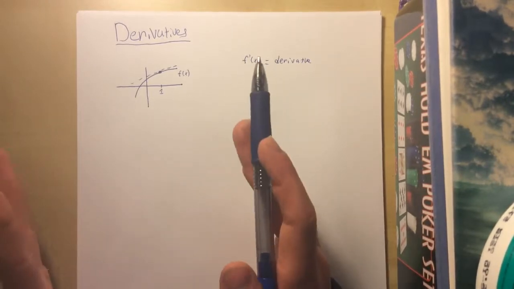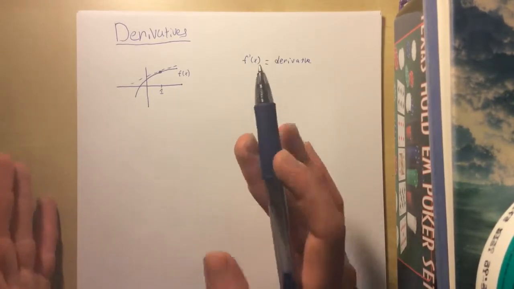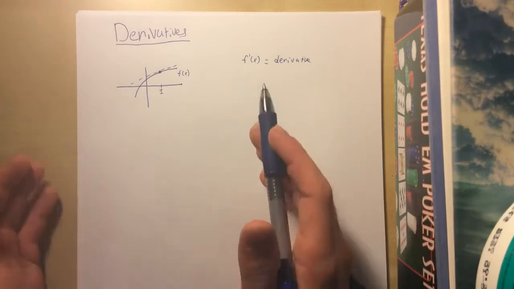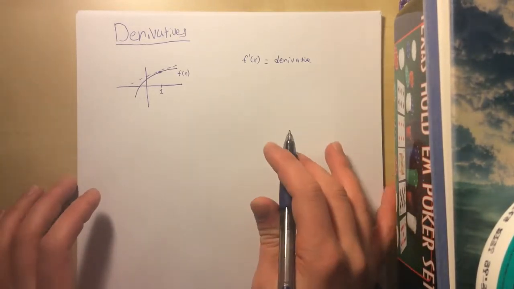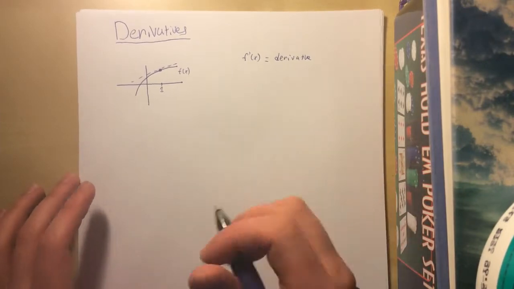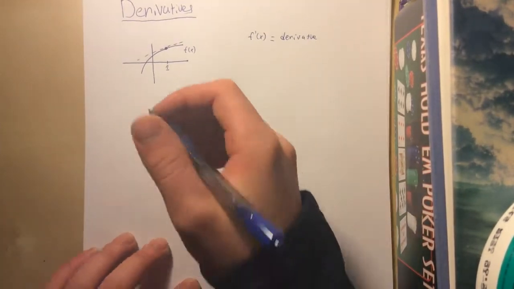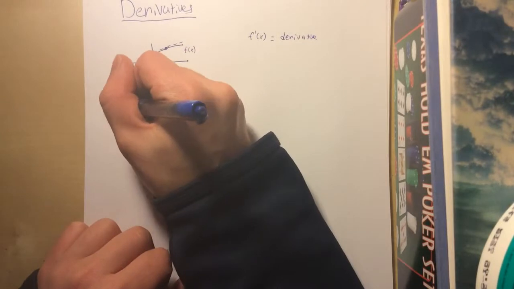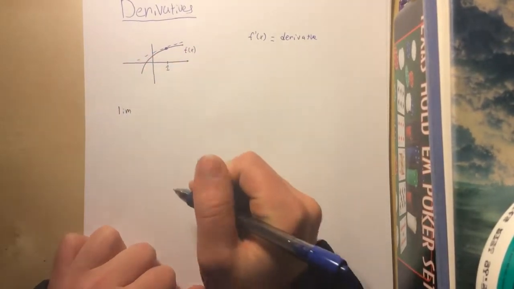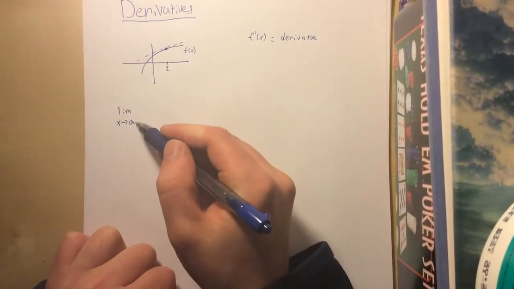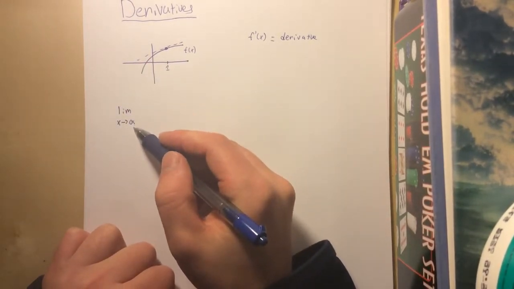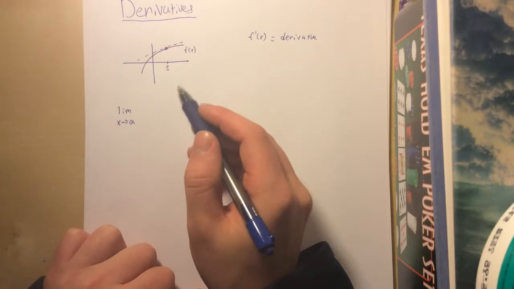So we know how to find the slope of a tangent line to a function at some point, let's call it a. We can use limit notation to find that. And there are two basic formulas that you're going to want to memorize. The first one is the limit as x approaches some value a, and a is going to be the point at which you're evaluating the derivative.